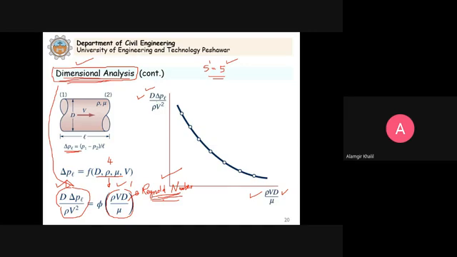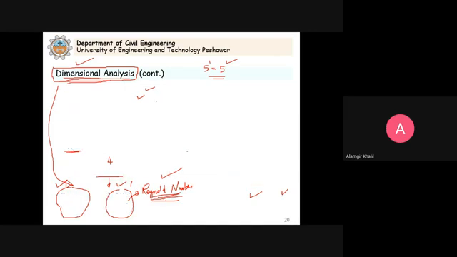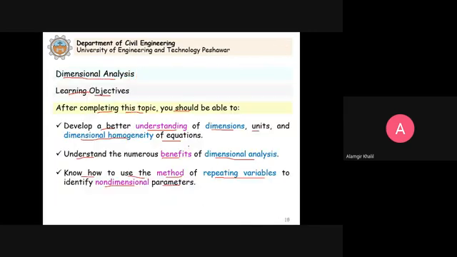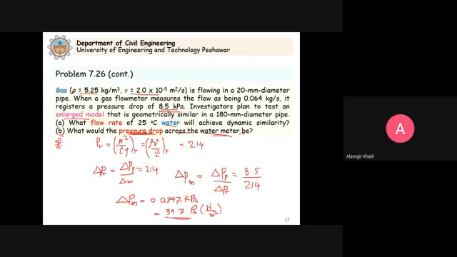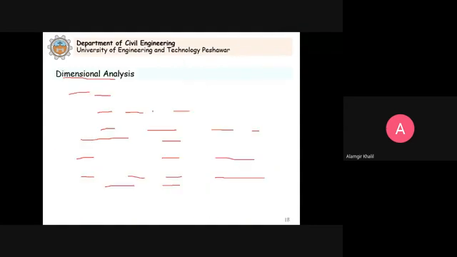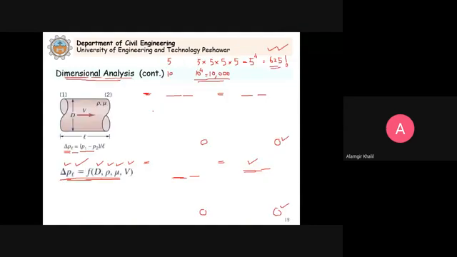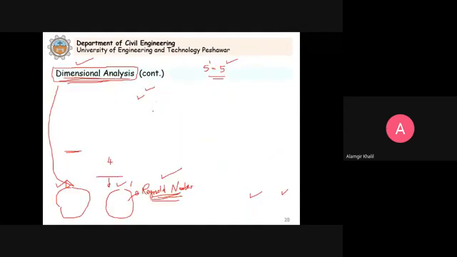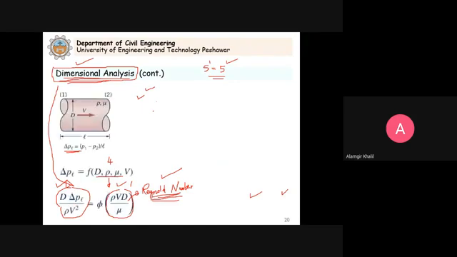So in other words, in the problem you are struggling to decide which number is important to be considered. When we deal with the variables using dimension analysis, it can tell you which dimensionless number is important.